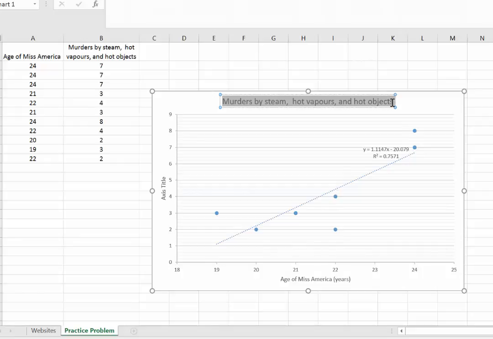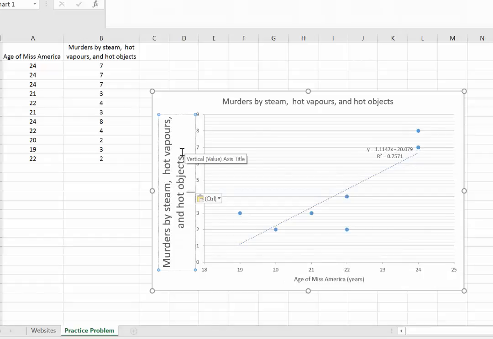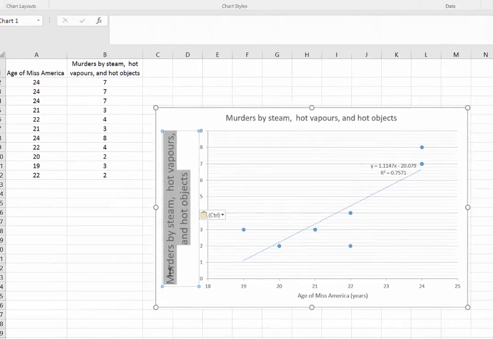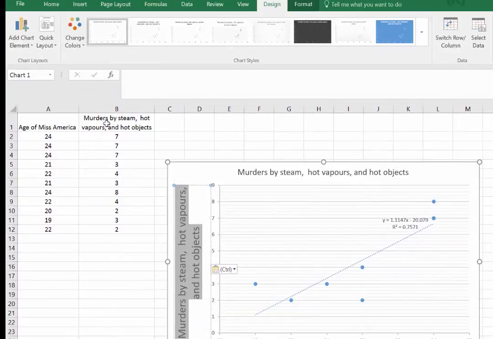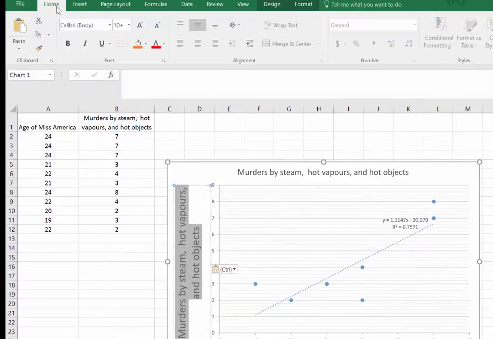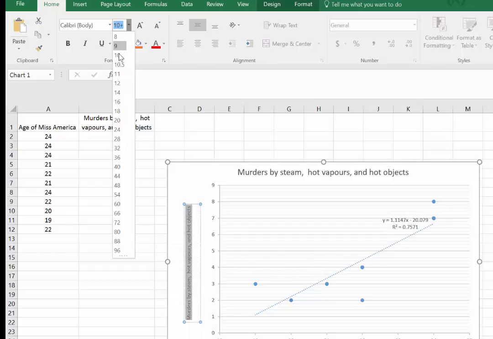So I do Control C to copy, click on axis title, and then click on it again and use the up and down arrows to get to the end, and then backspace to delete, and then I'll do Control V to paste. And we can probably change the font size there. It doesn't need to be that big. So highlight all of it, home, and let's try, I think 10 is good.